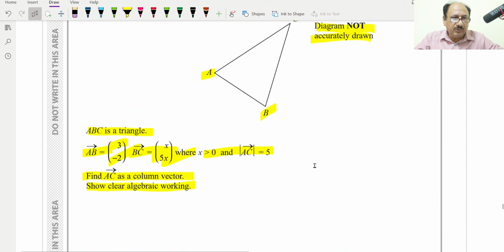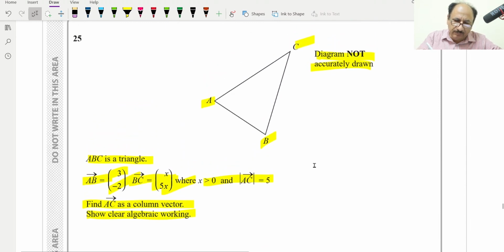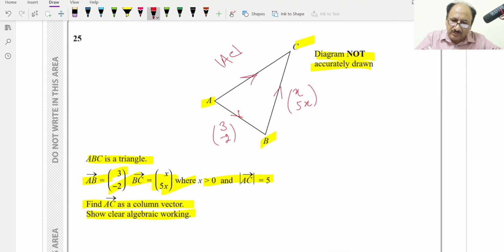Then what we will be doing, we have column vector for AB, and if we check, AB direction is this one, and column vector is 3, minus 2, and BC is also this direction, and this will be x and 5x, and this will be our column vector. Now AC will be this direction.